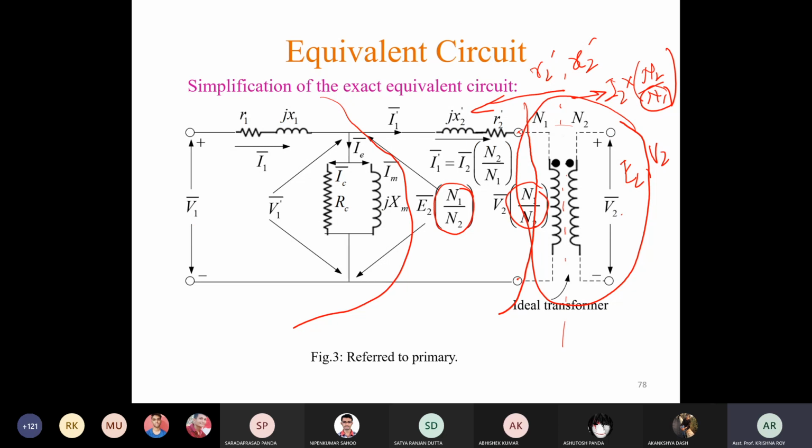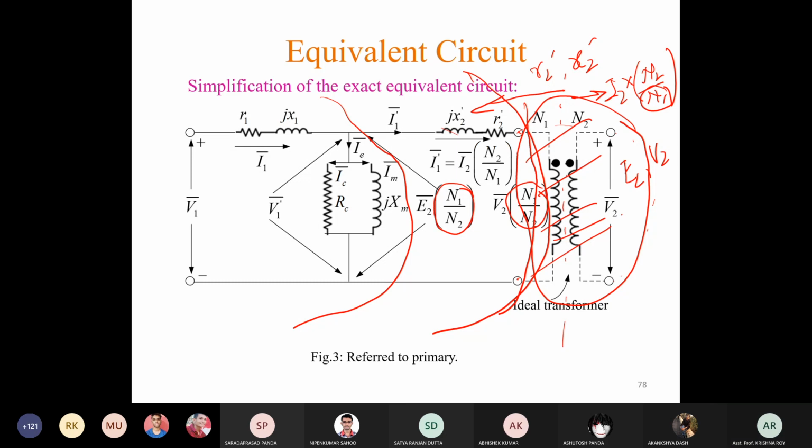We can get V2 output only if we have an ideal transformer, but it has nothing to do with this equivalent circuit. So from this equivalent circuit we can remove this ideal transformer part. So this is the equivalent circuit referred to primary side.